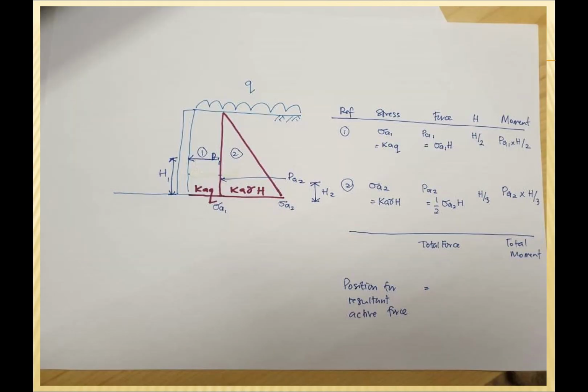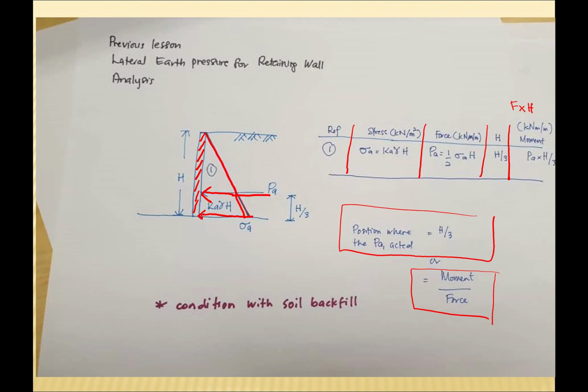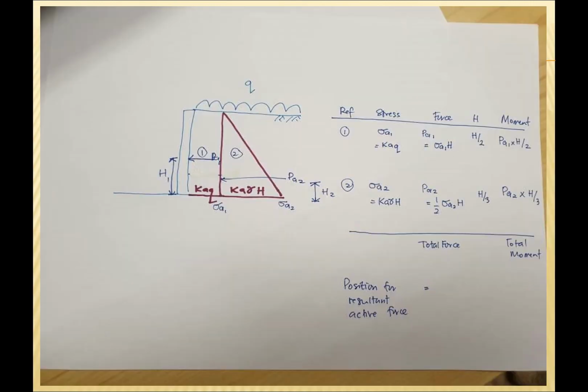So this is how to calculate for a single soil backfill. You have a single triangle, and that is how you calculate it. You can find the example in the slide and do it on your own. Actually we have already done that, and this is the example we have done.